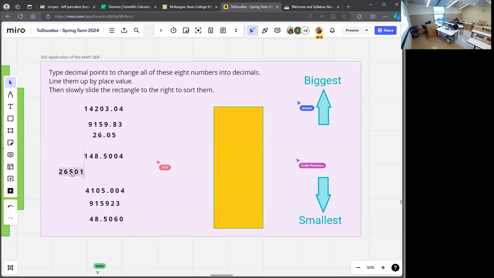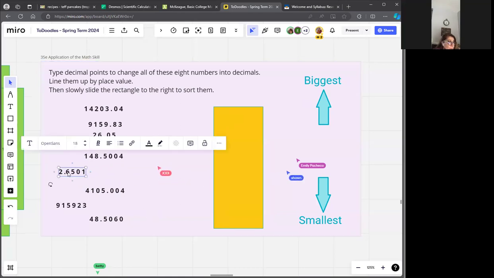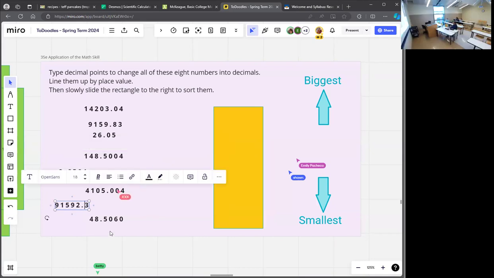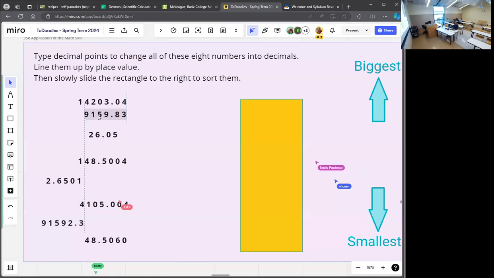Okay, we have 2 more. Somebody do that one and somebody do that one, or tell me what to do. Okay, so now we need to line these all up so that the decimal points are one above the other.